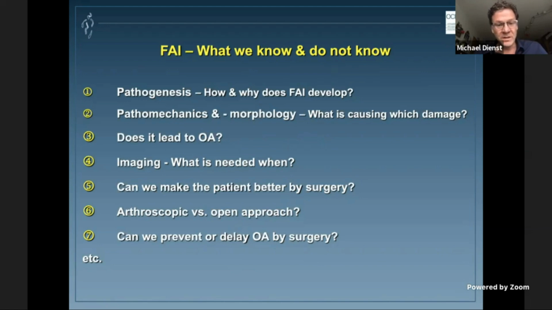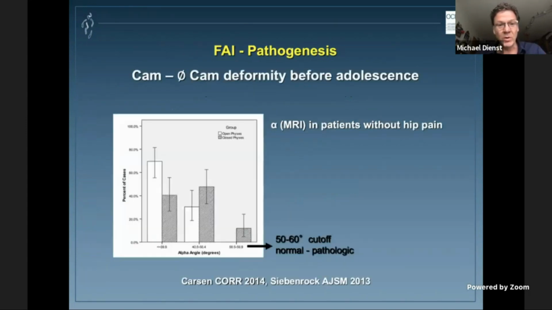Imaging, what is needed when? Important question, can we make the patient better by surgery? Arthroscopic versus open approach, what is better? And finally, can we prevent or delay osteoarthritis by surgery? I would like to go over these questions and start with the pathogenesis.